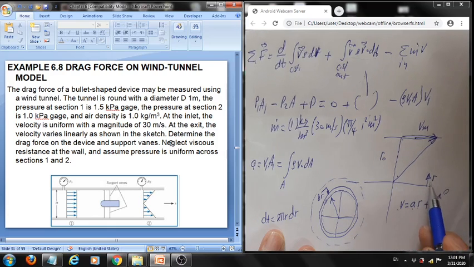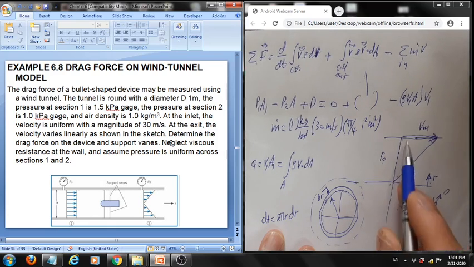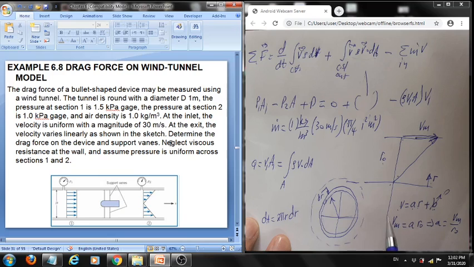When r equals r naught, the velocity equals vm, so we have vm equals a r naught, which implies that a is equal to vm over r naught. This gives us the solution, at least as a first step, for the velocity profile: v equals vm, yet to be determined, over r naught, multiplied by r.